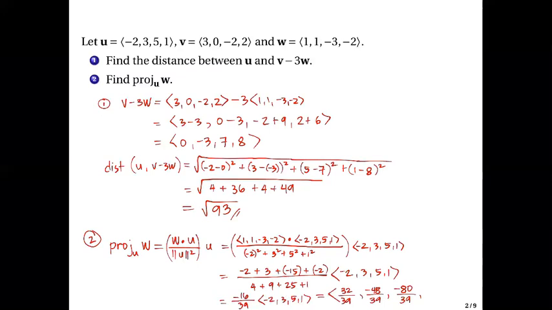And then -16 over 39. So this is the projection of W onto U.